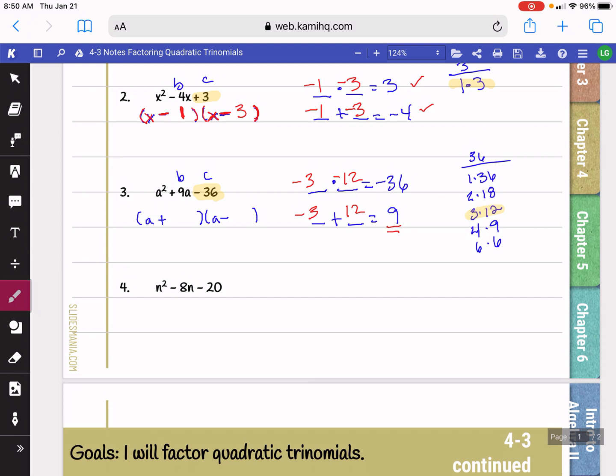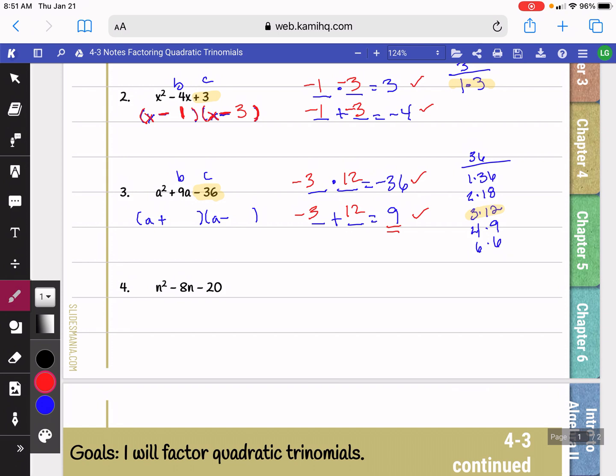So now if I do a check, negative 3 times negative 12. Sorry, that should have been a positive 12. So negative 3 times positive 12 is negative 36. And if we do negative 3 plus 12, those are different signs, so you subtract, and you get positive 9. So my factors are negative 3 and positive 12.